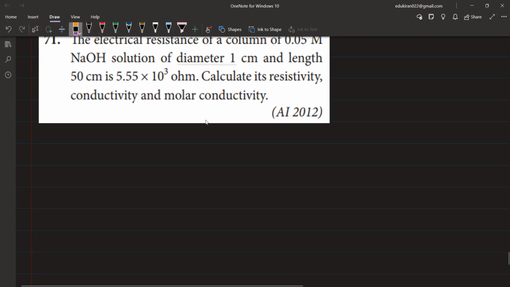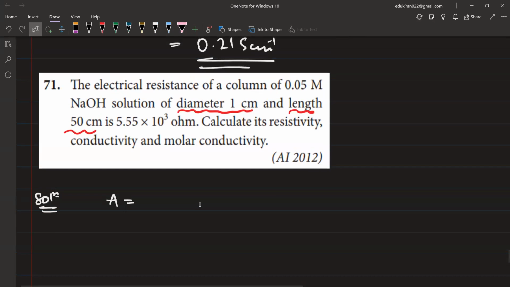Diameter of the cell is 1 centimeter, so you have to get the area. Okay, so diameter is 1 centimeter and the length is going to be this much. So first of all, get the area of this particular column. So area is equal to what? Of a column, diameter is 1 centimeter and length is this much.